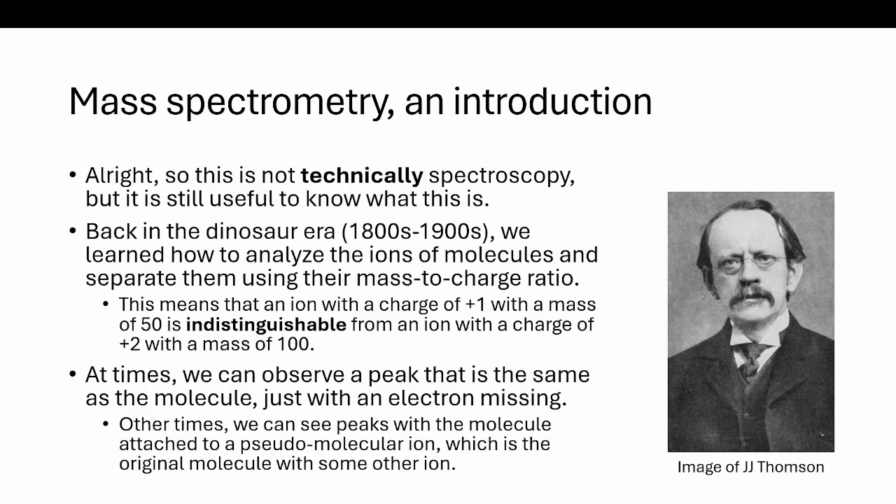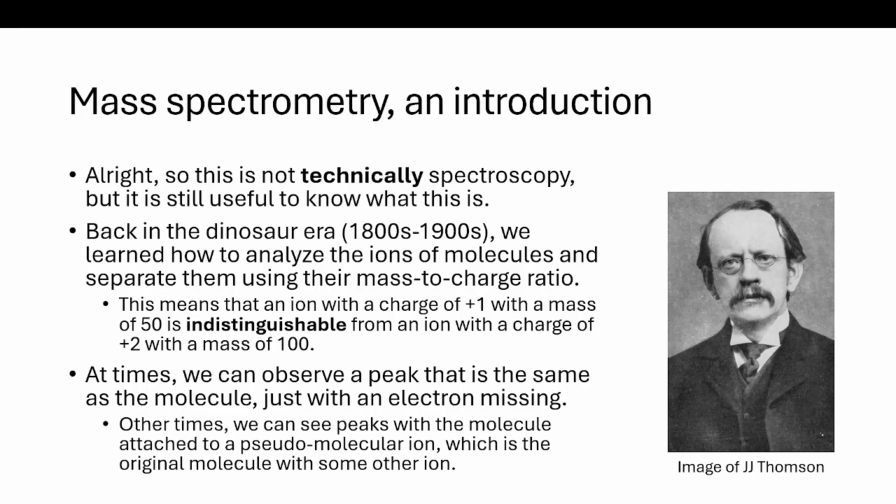In addition, with mass spectrometry, we can observe a peak that is the same as the molecule, just with an electron missing. Say, for example, we have a neutral molecule. Since it's neutral, there will be no mass-to-charge ratio.